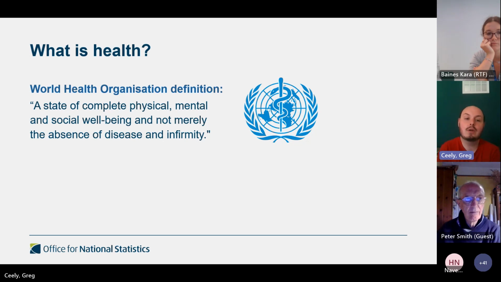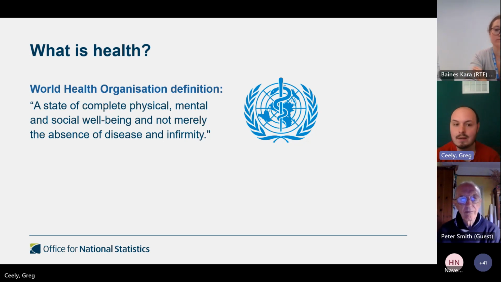And the World Health Organization, or WHO's definition, met our needs. They embody this idea that health is more than simply the absence of ill health, but it's a state of complete physical, mental, and social well-being. And that's something that can only be achieved by thinking about health in this broad sense.